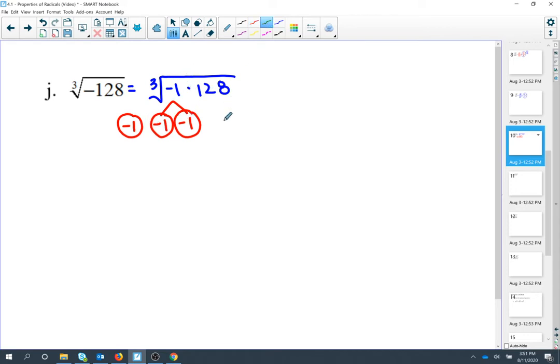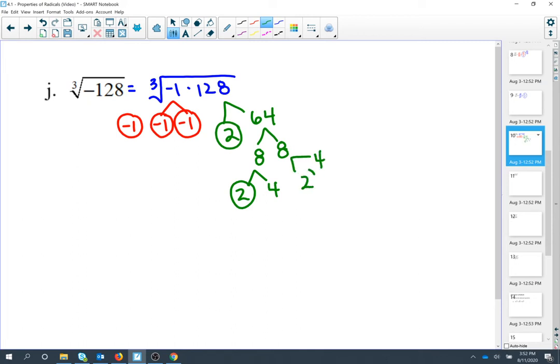Then I'm going to go over and consider 128. And in order to break down 128, we're just going to start dividing. So 128 divided by 2 is 64. 64 is 8 times 8. 8 is 2 times 4, which I'm going to do on the other one as well. 4 is 2 times 2.